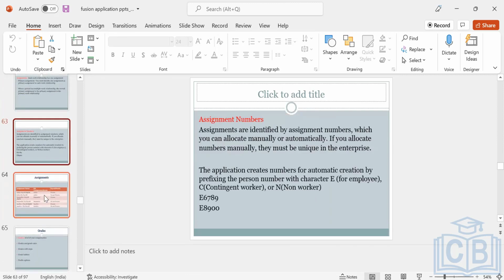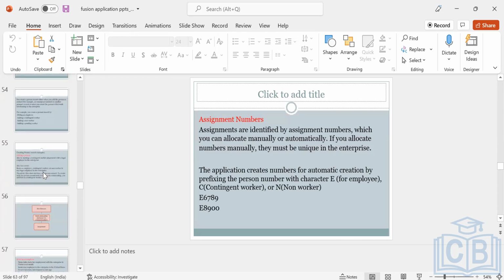When I get the instance, I will show you the practicals.